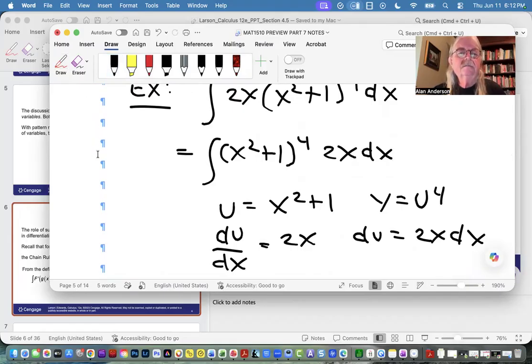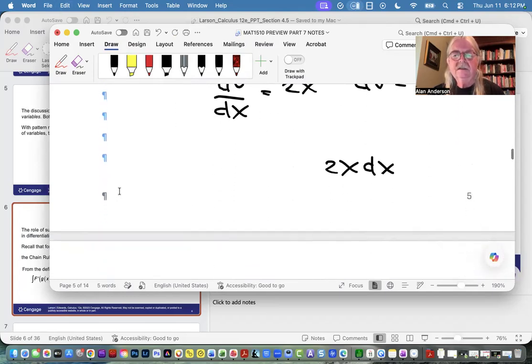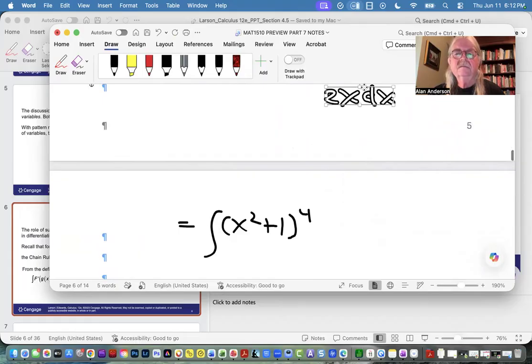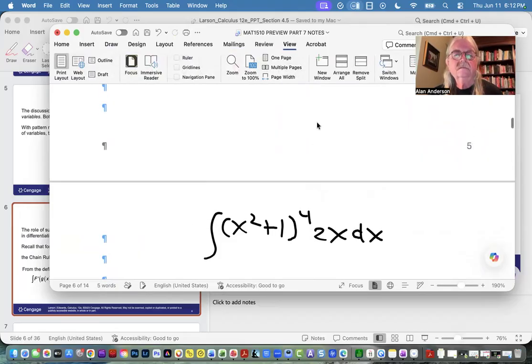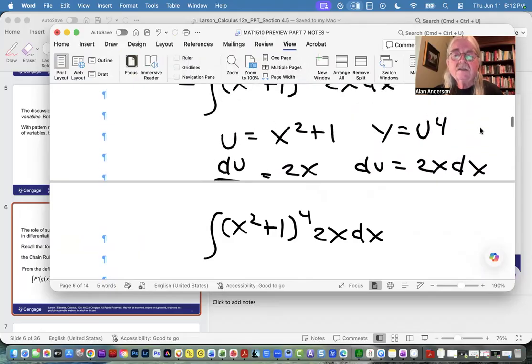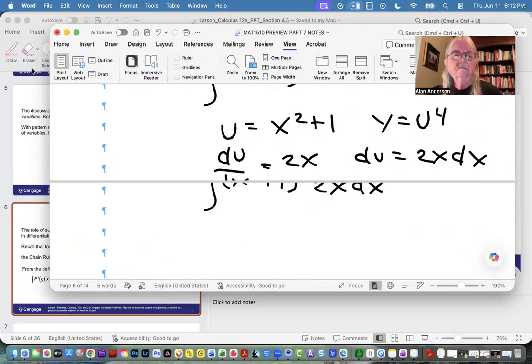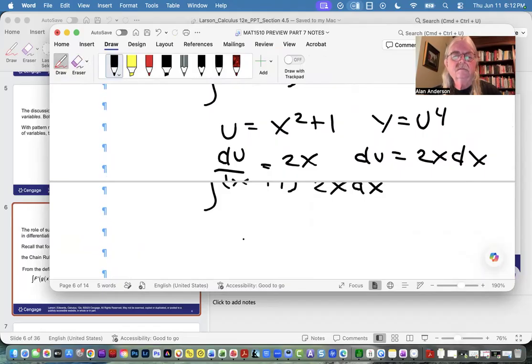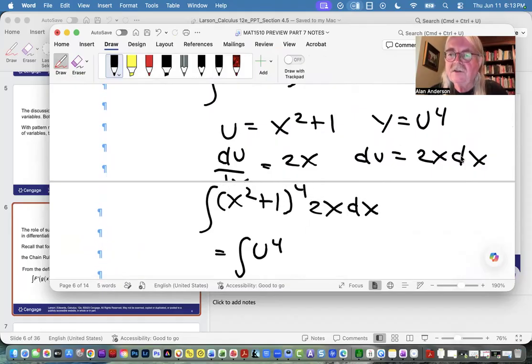So this expression is equal to u to the fourth, and du is, of course, 2x dx, as you can see over here.